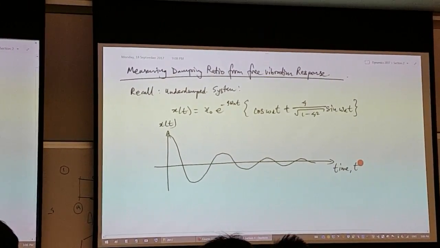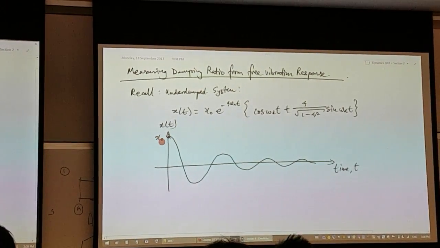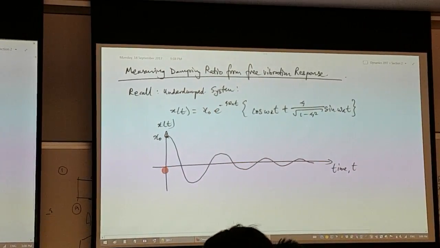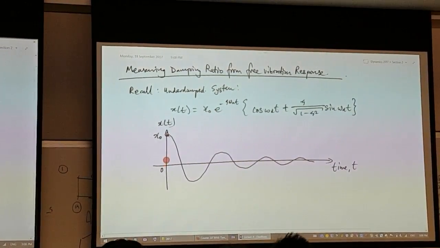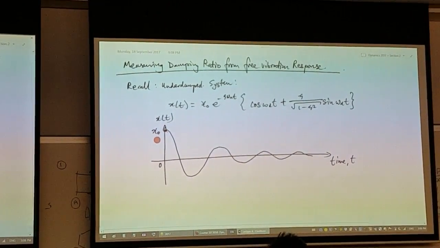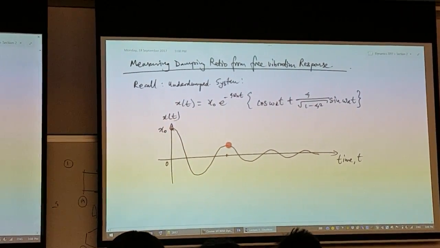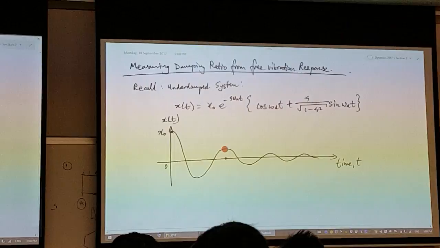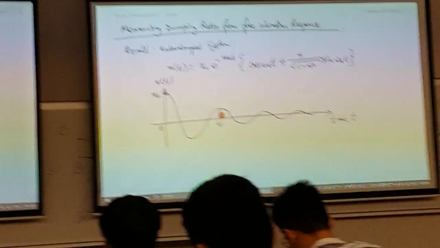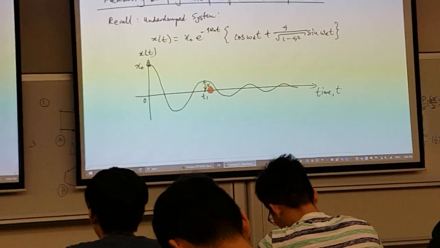So if I were to go ahead and label this point over here, this is your x naught, the same x naught as this. Okay? That means from this point 0 along the y-axis all the way to this peak, this is x naught. And if I were to call this one period, right, so you go up, come down, and up again at time t1, and I call this amplitude over here x1.